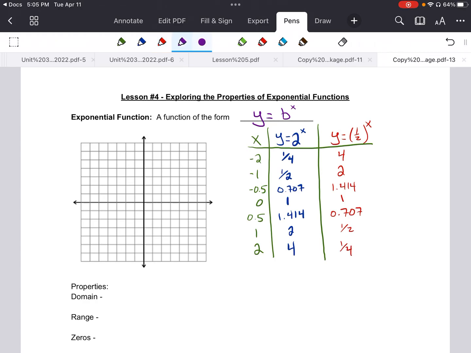What we need to know here are some key points. These three right here, so when x is -1, 0, and +1, are called the key points of exponentials.